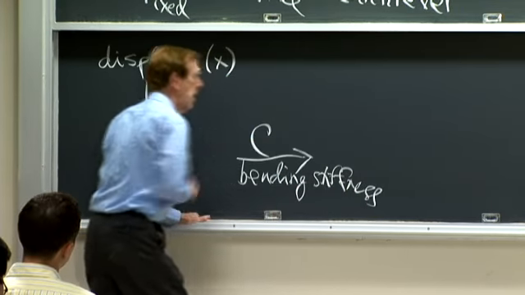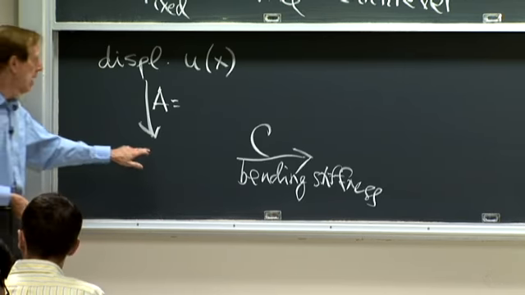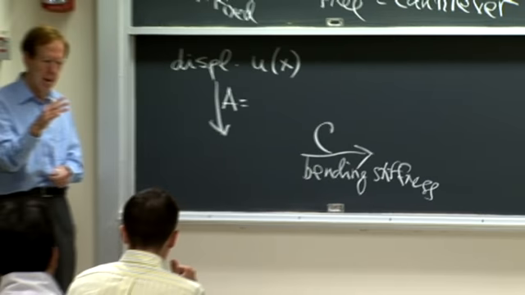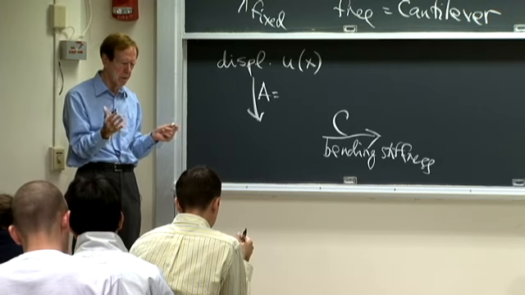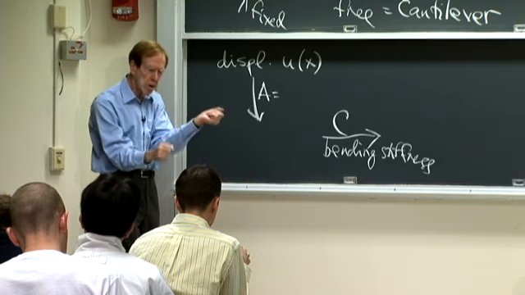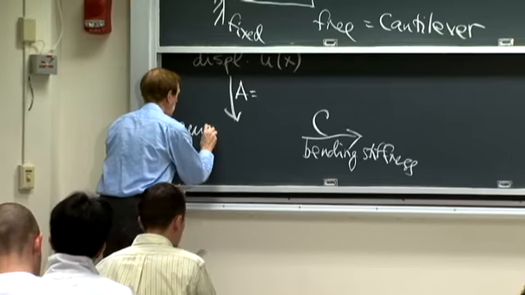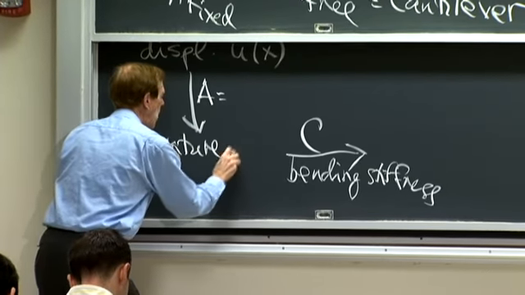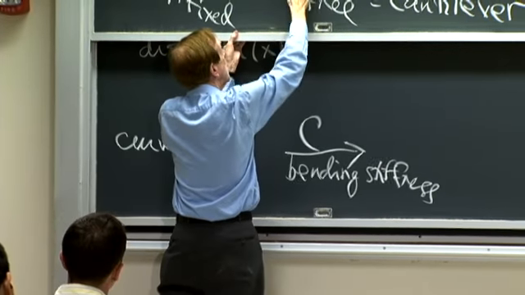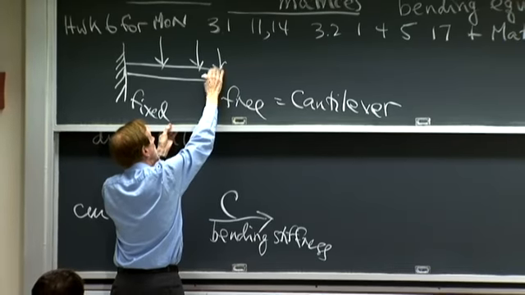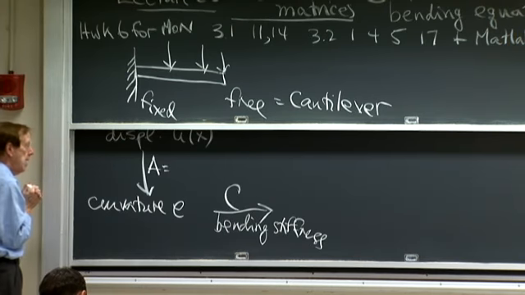And over here, I'll get a suitable W. What I get here, when the beam bends, is curvature. Curvature of the beam is what's produced. It's not stretching of the beam, it's curving of the beam. So this quantity E will be the curvature that comes from the displacement. If I displace these beams, suppose I put a node here, it's going to bend that down. The bar will curve. So the curvature E.